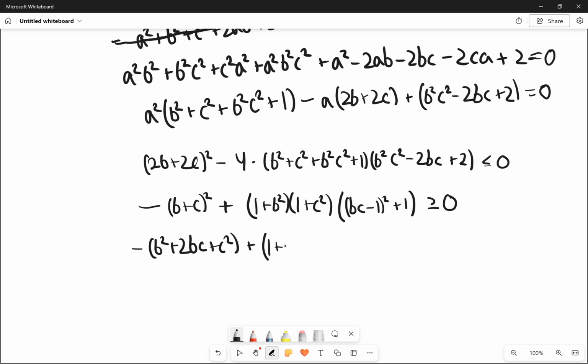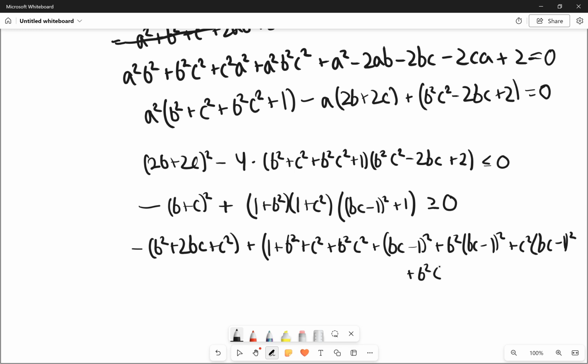So we have 1 plus b squared plus c squared plus b squared c squared plus b squared (bc minus 1) squared plus b squared (bc minus 1) squared plus c squared (bc minus 1) squared plus b squared c squared (bc minus 1) squared. And we want this to be greater than or equal to 0.